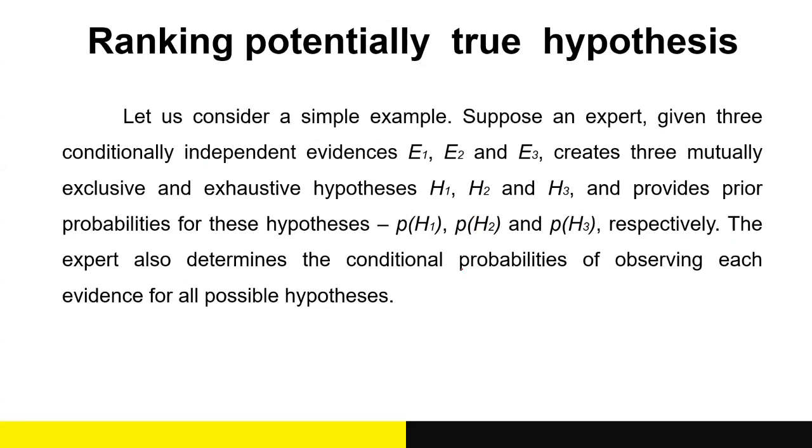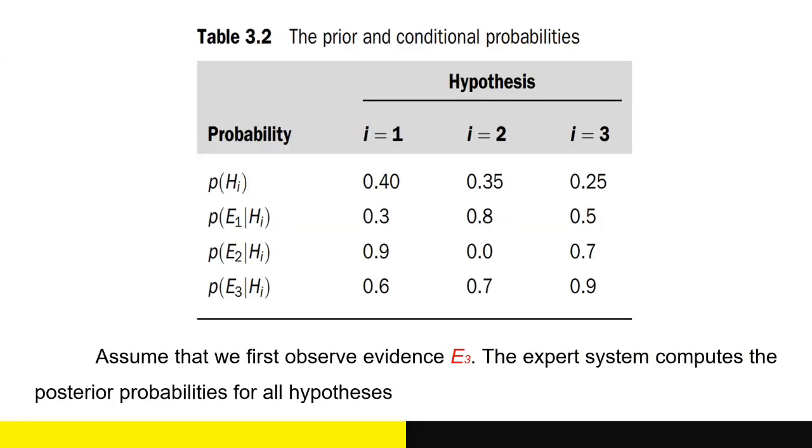The expert also determines the conditional probabilities of observing each evidence for all possible hypotheses. Table 3.2 shows the prior and conditional probabilities, and we will assume that we first observe evidence 3. The expert system computes the posterior probabilities for all hypotheses.